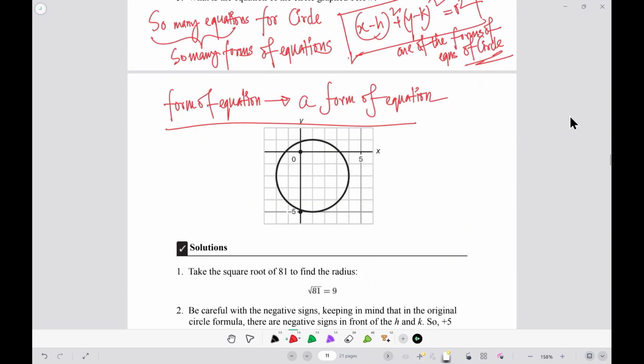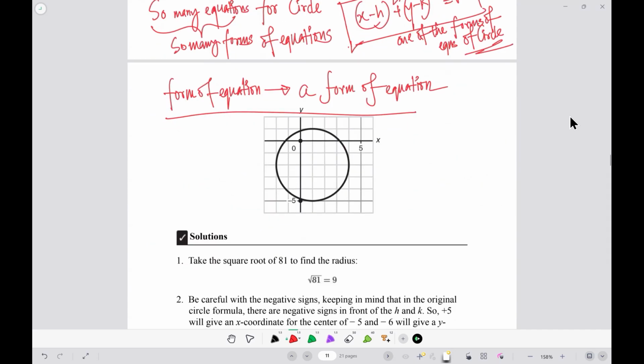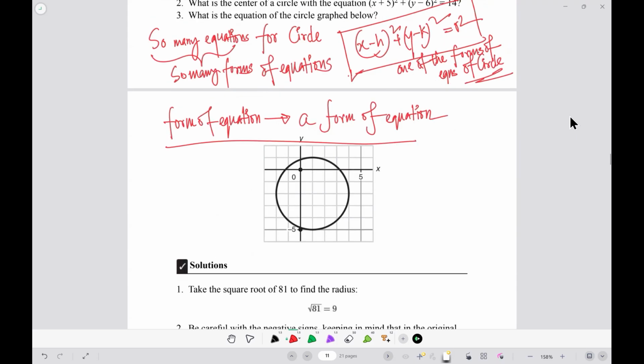So what does that mean? It means that this equation, x minus h whole squared plus y minus k whole squared equals r squared, is very useful when we really want to know the center of a circle in a convenient way.